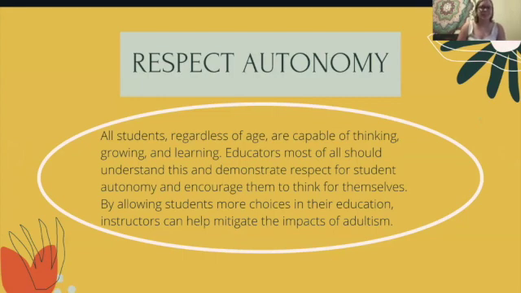Like I said earlier, regardless of age, each student is an individual who has wants and needs and autonomy to make choices for themselves. And so obviously there has to be some sort of structure in a classroom or in a learning environment, but respecting the student's choice to maybe not participate in a classroom discussion, because maybe they feel uncomfortable in front of the students, maybe they have a bit of social anxiety.